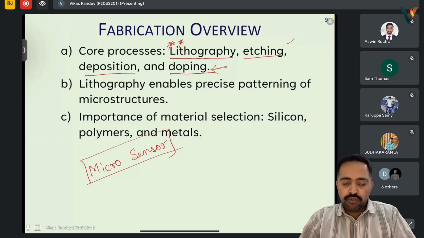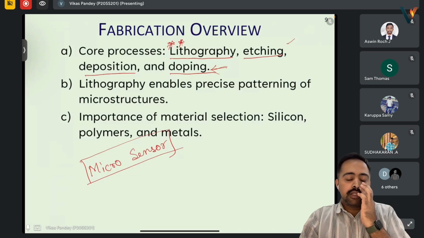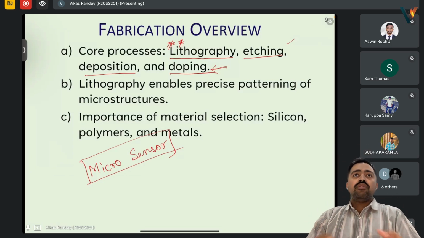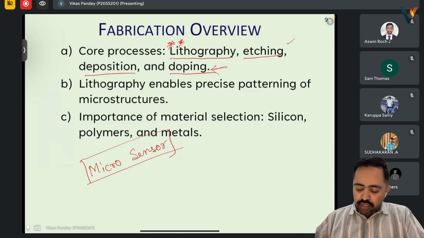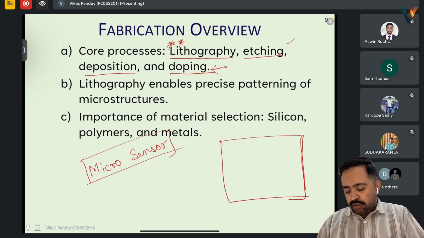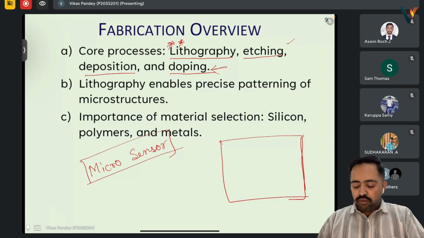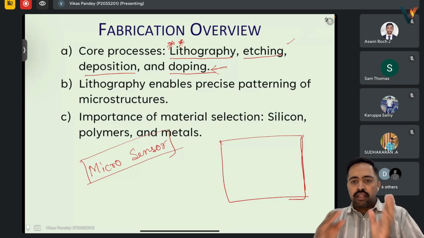When we do lithography, we will see in detail that lithography is a process of patterning. Suppose we have a pattern. I will not get into what this will look like; the real thing is much different.